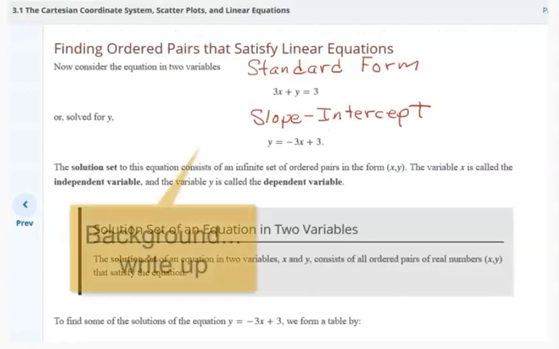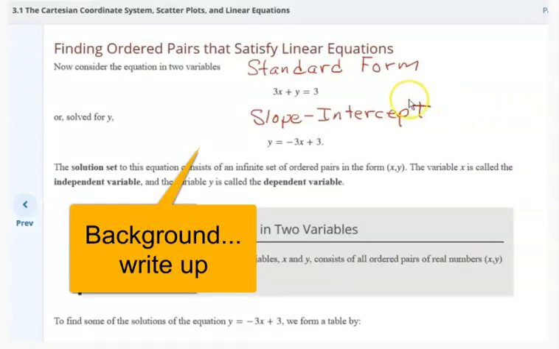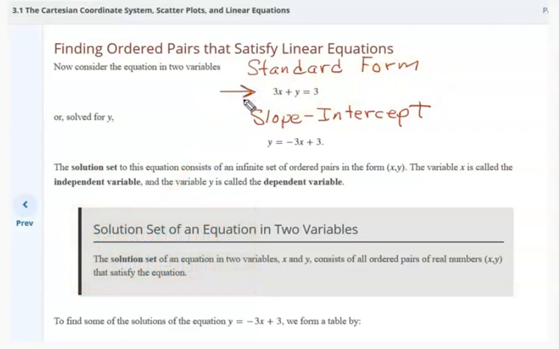In our next slide, they're interjecting things that we've gone over in previous lessons and would like you to write these words: standard form, and then use this as an example, and then slope-intercept form, and use this as an example.